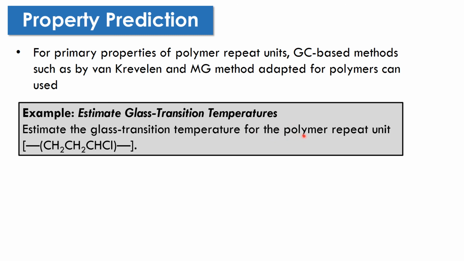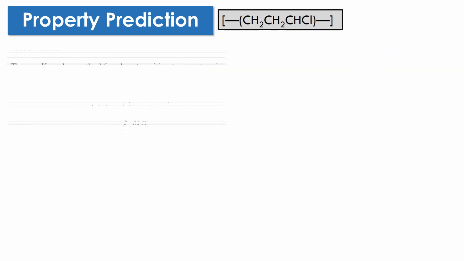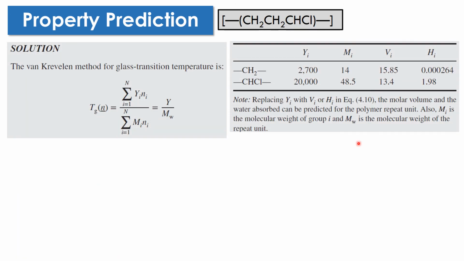For the polymer repeat unit given here, this is the Van Krevelen method for glass transition temperature. Tg is the glass transition temperature, and this is the equation. Yi is the contribution, and I think Ni is the number of occurrences.